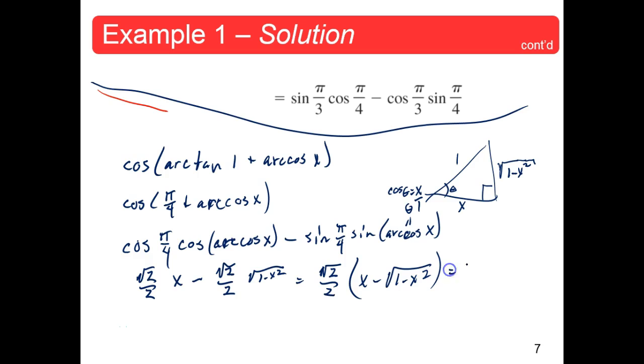I sure hope that's what they did. That would be x times root 2. I know they write it root 2x, but I prefer to do it that way. Minus, then they multiply root 2 by that, so that would be the square root of 2 minus 2x squared all over 2.